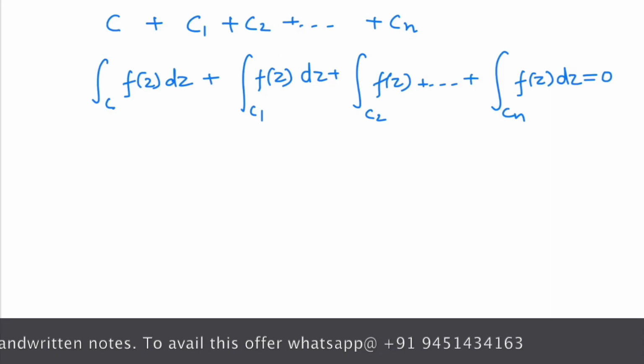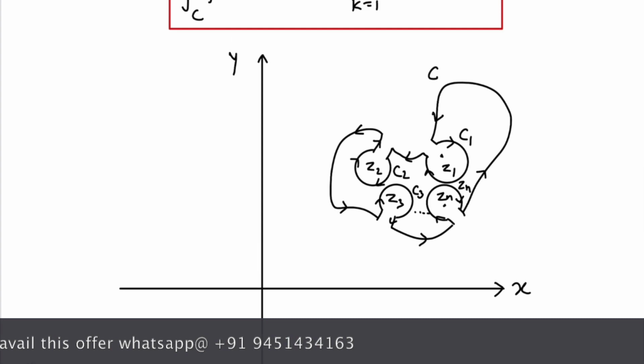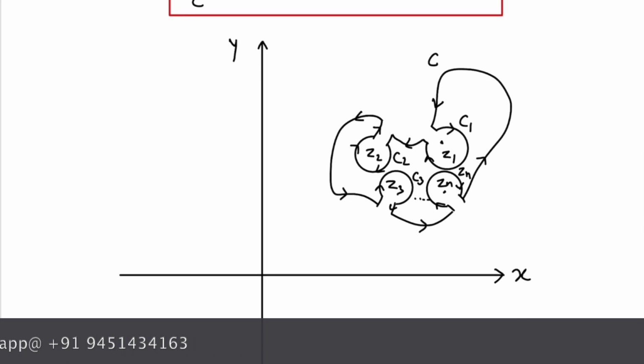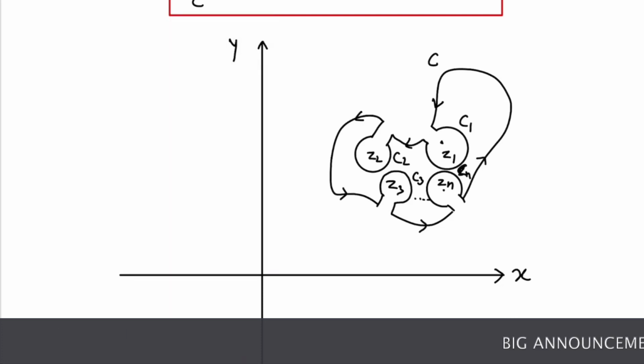Now what I am going to do here is reverse the direction of the small circles. Let's make the direction of the small circles anti-clockwise.